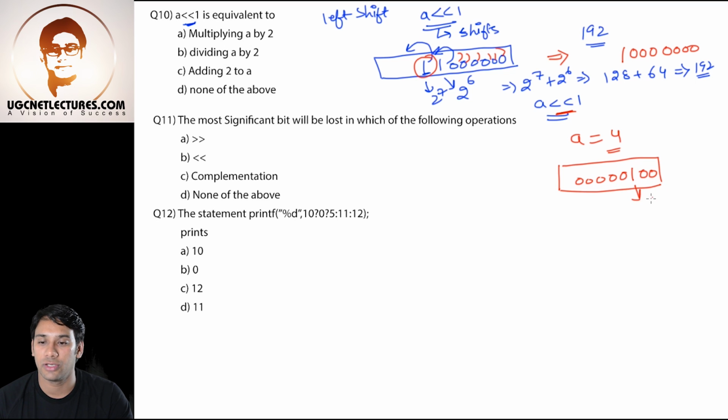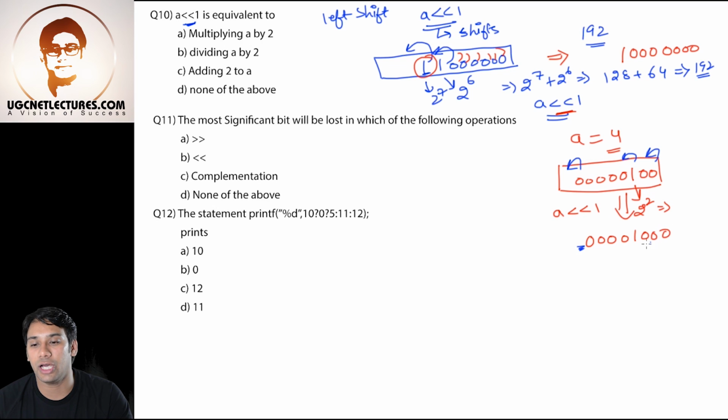So it is 2 raised to power 2, right? Now if I do a left shift by 1, this complete bit pattern will become 0000100. That means I've shifted every bit by one location, and the last bit is lost. But now the value stored in this variable a becomes 2 raised to power 3, which is equivalent to 8.